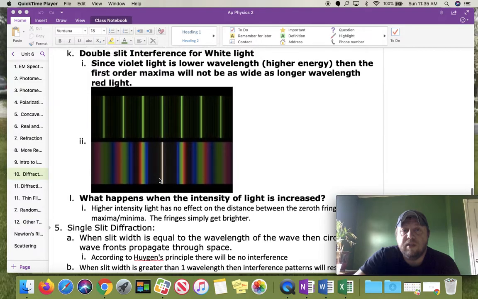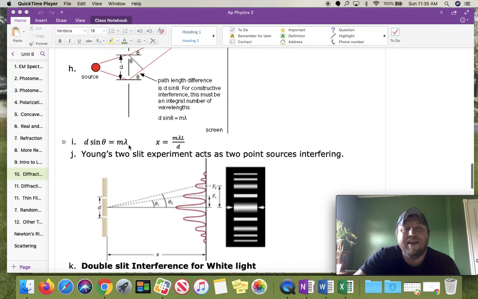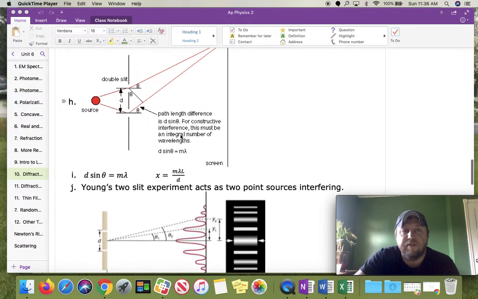Now, what does affect it is several other things. The distance between the slits will affect where the fringes show up. The wavelength will affect where the fringes show up. Now, I've given this second equation here of x equals m lambda times L over d. I will show you on another sheet of paper where that comes from, because it is kind of confusing. But once again, we can map this out.